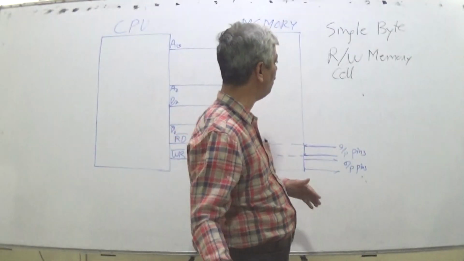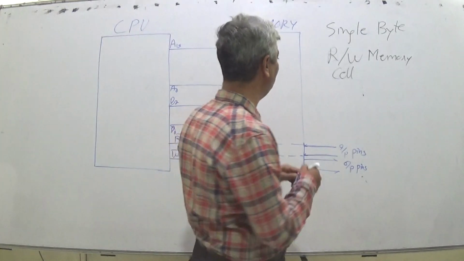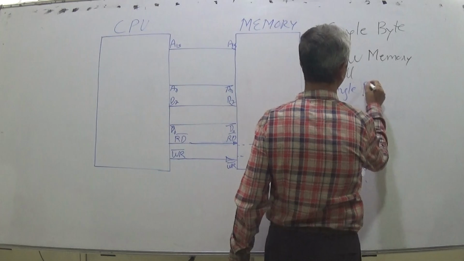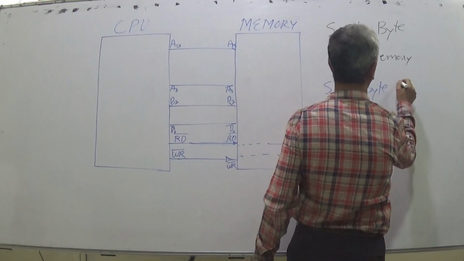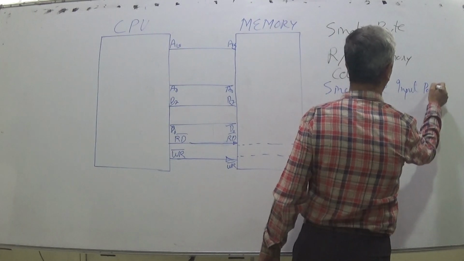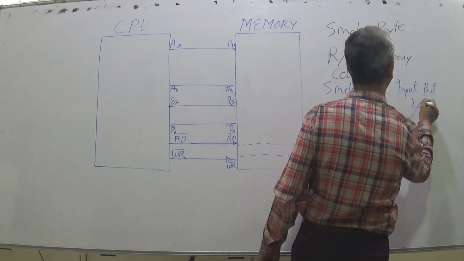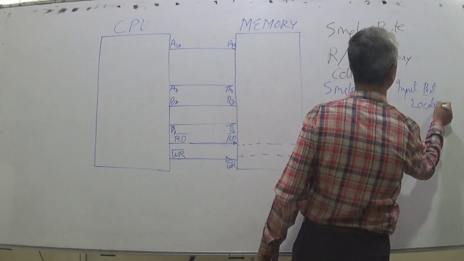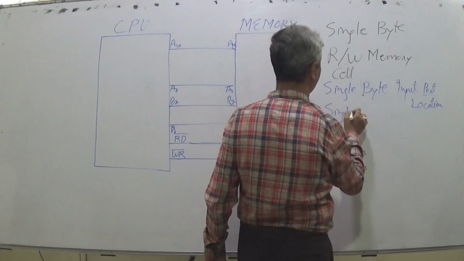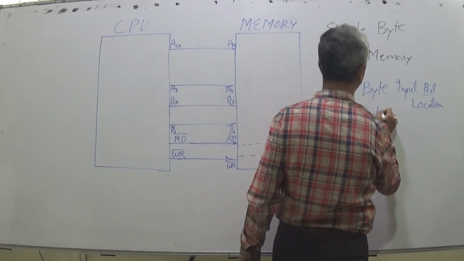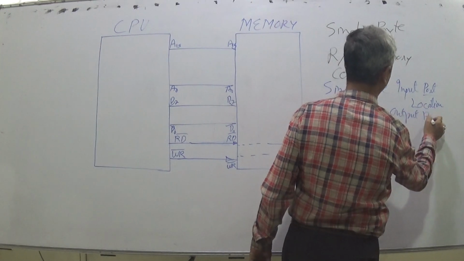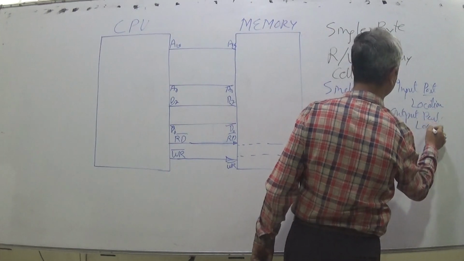Therefore, if I want that to be useful, we have a single byte input port where pins are there, or instead of port you can say input location, because port is a scientific word. Similarly, a single byte output port or location.